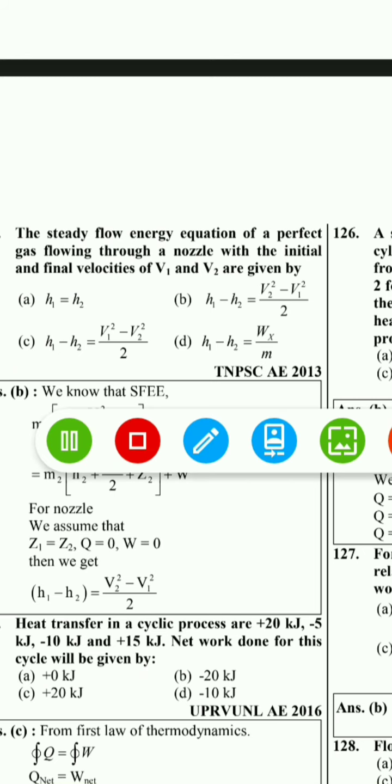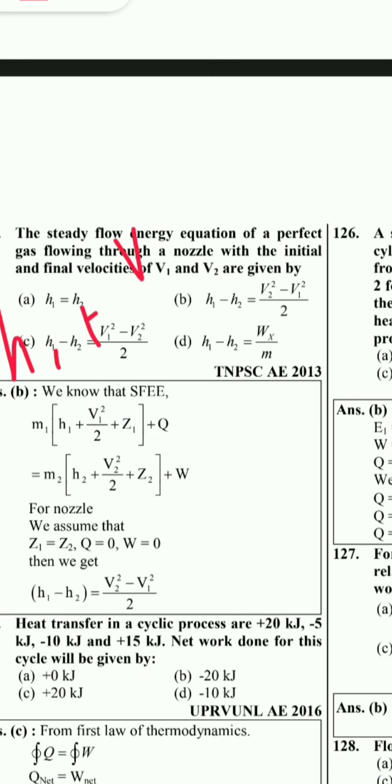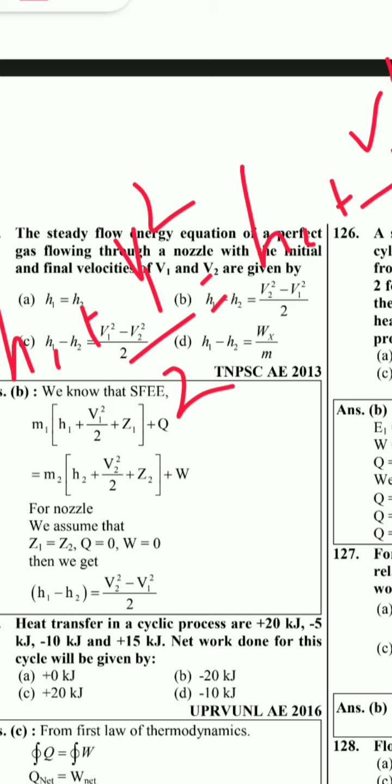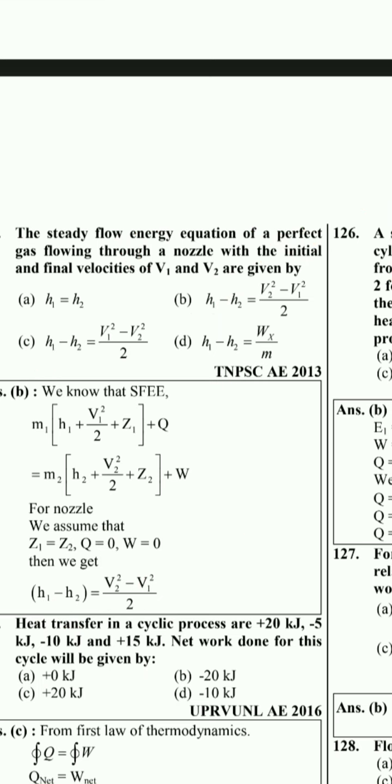Here the datum is also constant, so its difference will be 0. The final equation comes out to be h1 plus V1 square by 2 equals h2 plus V2 square by 2. So h1 minus h2 can be written as V2 square minus V1 square by 2. In option B you can see the correct answer, so option B will be the right answer.